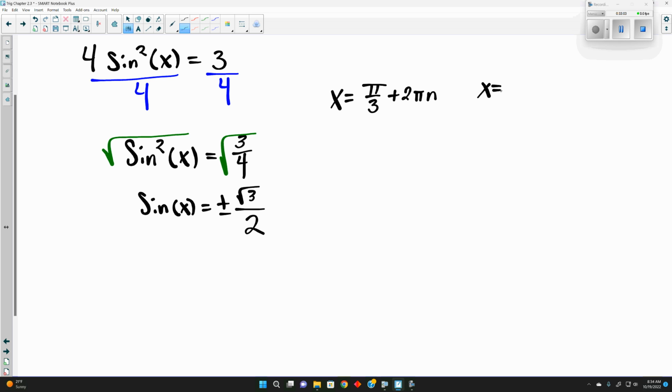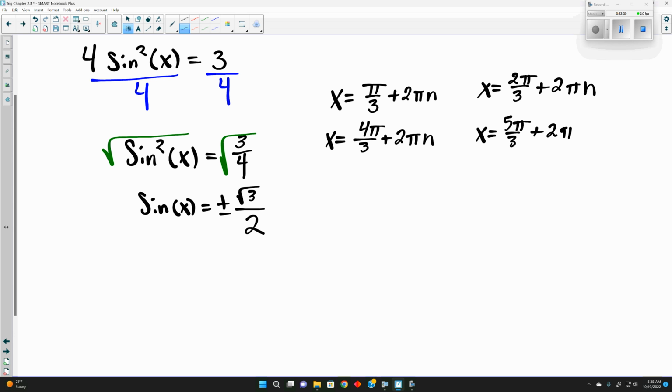We also have that x is 2 pi over 3 plus 2 pi n. We also have that x is 4 pi over 3 plus 2 pi n. And lastly, x is 5 pi over 3. So those 4 there would be our answers, yes?